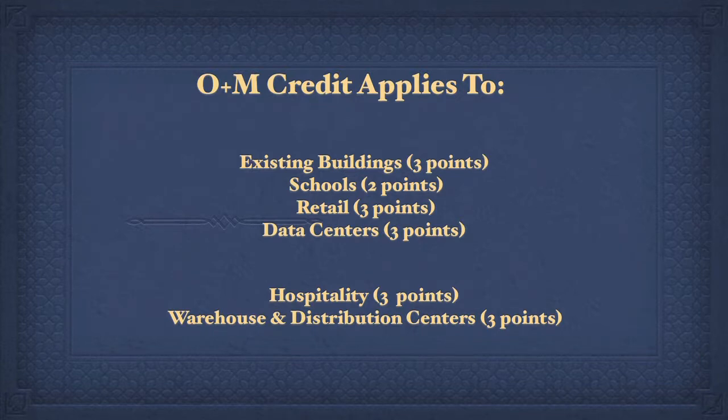Additionally, the rainwater management credit applies to the following LEED adaptations in O&M: existing buildings, schools, retail, data centers, hospitality, and warehouses and distribution centers. In LEED O&M v4, the rainwater management credit can contribute 2 to 3 points depending on the LEED rating system adaptation.